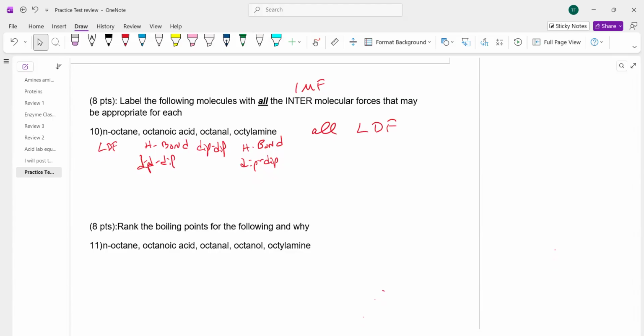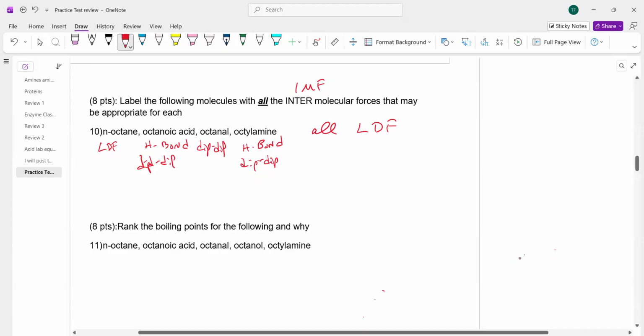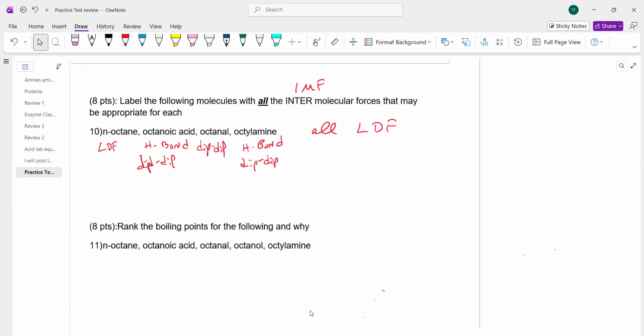Okay, so rank the boiling points. The ones with the highest IMF are going to have the highest boiling point. So that's going to be the acid. Next is the alcohol. Next would be the amine.